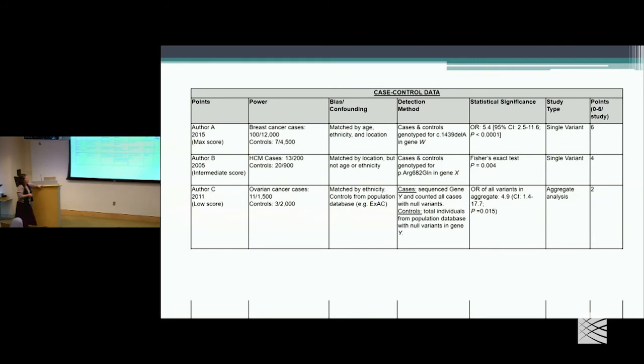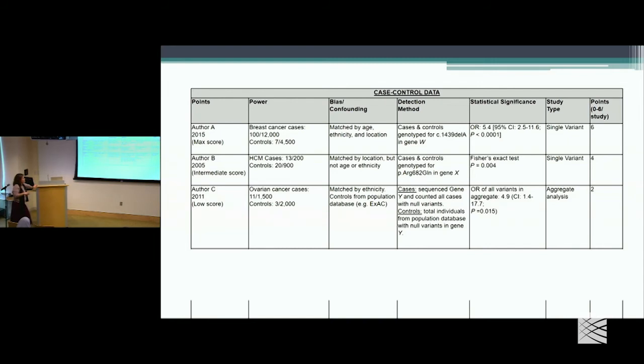The odds ratio calculated was 5.4 for risk for cancer, with a very statistically significant p-value. So that was a single variant analysis, and it scored very high, based on the p-value and the well-matched case control data. In this case, another study for cardiomyopathy matched by location but not age or ethnicity.